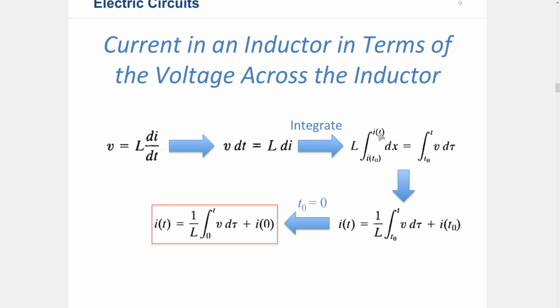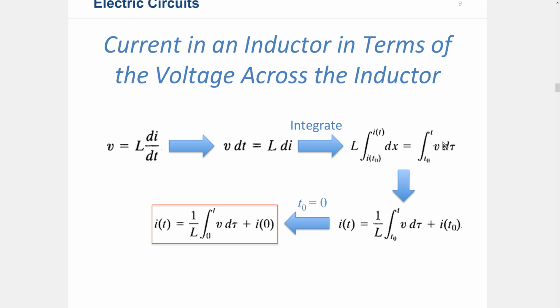It's not important because these boundaries will replace that x. I can equate this to the integral of voltage d tau. Again, tau is the dummy integration variable. The boundaries are from t0 to t. t0 is the initial time, and i(t0) is the corresponding current at t equals t0.